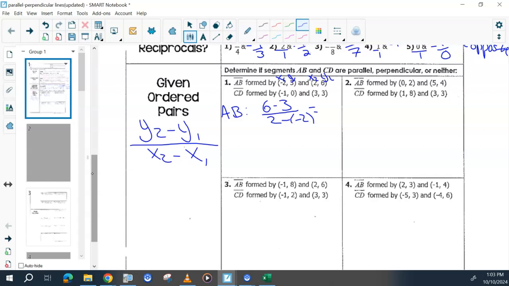You can grab your calculator though. What would that slope be? It is 3 over 4. So then we're going to do the same thing for CD. 3 minus 0 over 3 minus a negative 1.